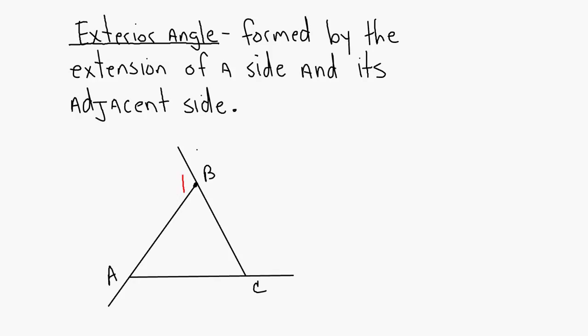If we extend side BA and its adjacent side, we'll call that angle 2. And if you extend side AC and its adjacent side, we'll call that angle 3. And angles 1, 2, and 3 are exterior angles.